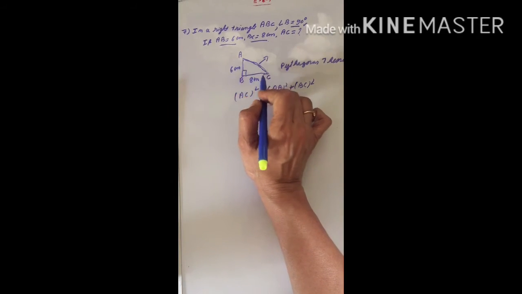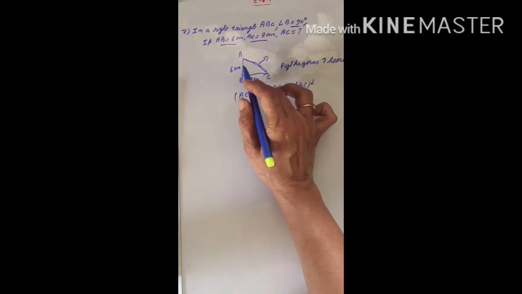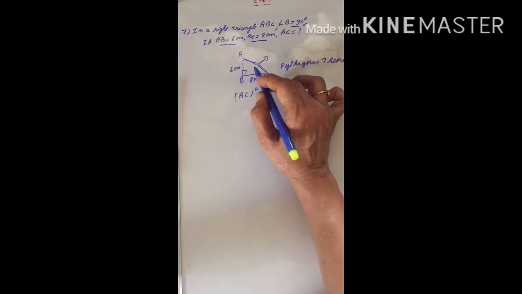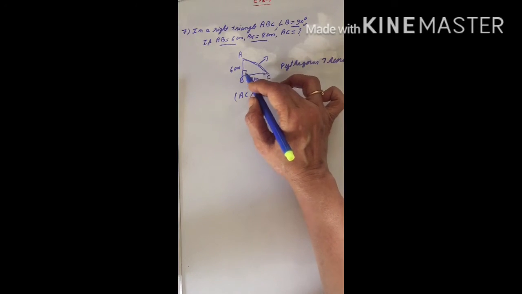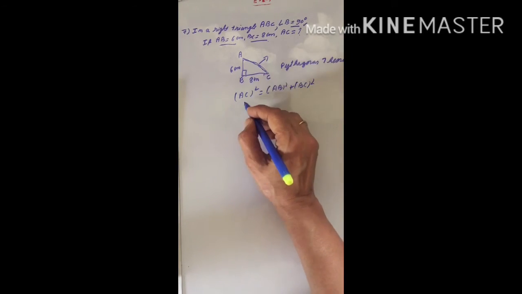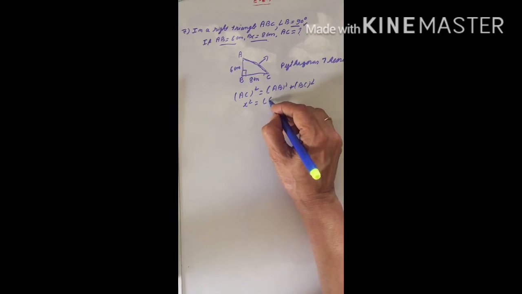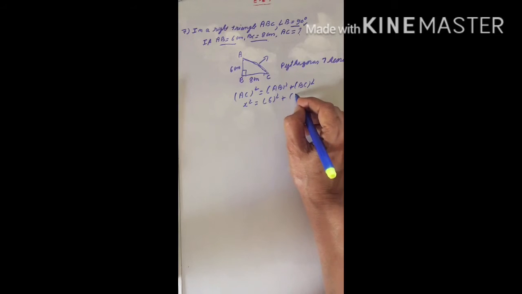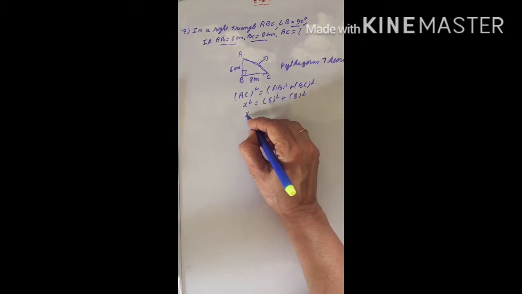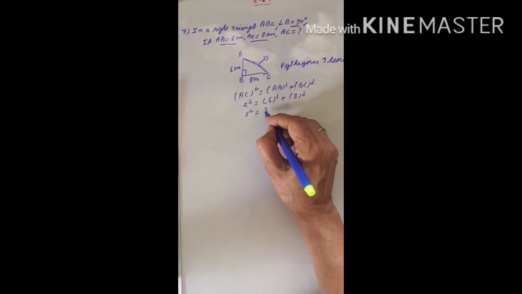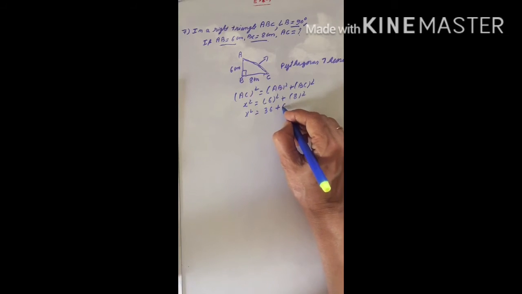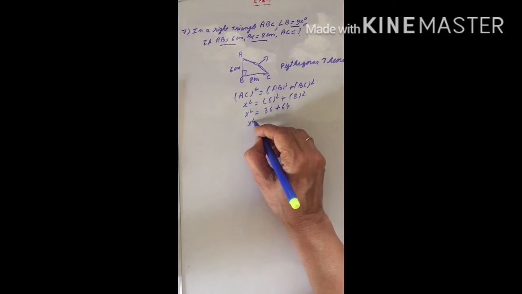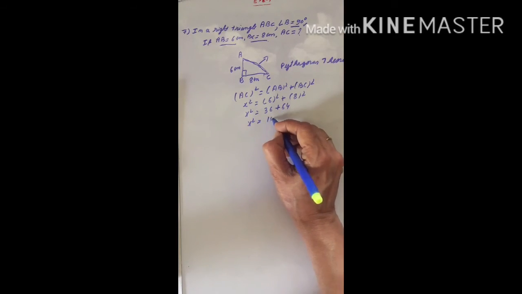It is only about AC. AC is the hypotenuse. Hypotenuse means the side which is opposite of 90 degree. Now here AC we don't know, so let it be x, and AB we know it is 6 centimeter and BC is 8 centimeter. So square of 6 is 36, square of 8 is 64. If you add, it will be equal to 100.